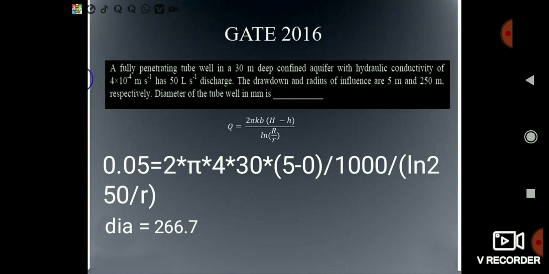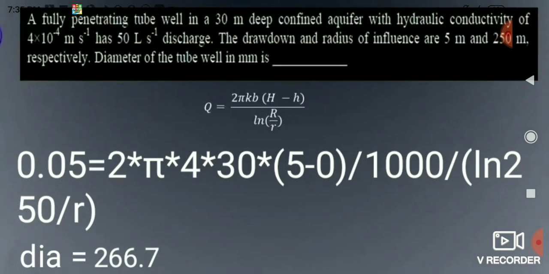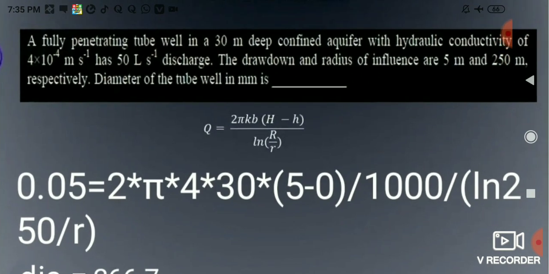Friends, coming to the questions, the first question was asked in 2016, that is a 30 meter depth confined aquifer. Hydraulic conductivity is given, discharge is given, and the drawdown and radius of influence are given, and it is asking about the diameter of the tube well. And friends, you see here that it is the case of confined aquifer.